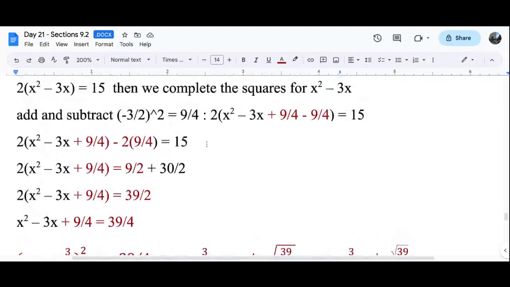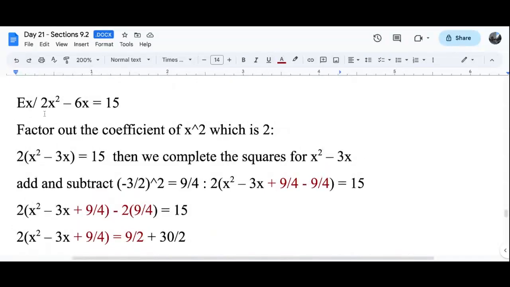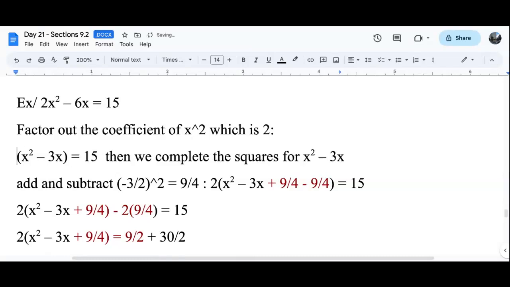Okay, this is confusing, I know. So we factor out 2, right? Maybe what we could do is divide by 2 on both sides to make it simpler.